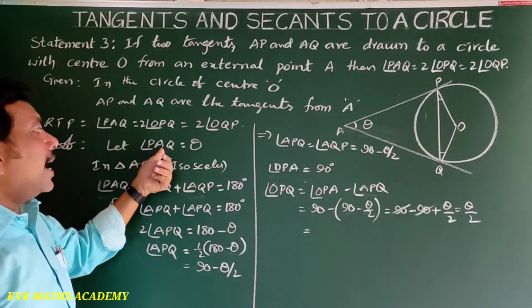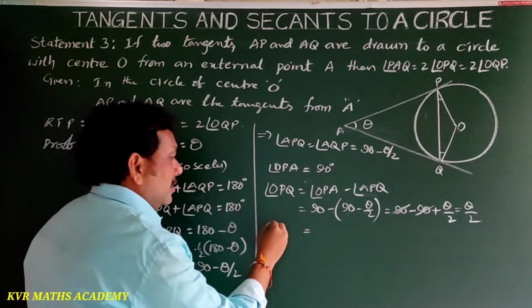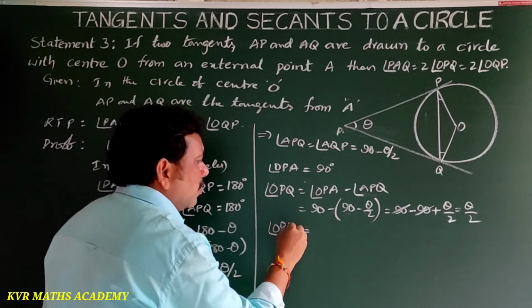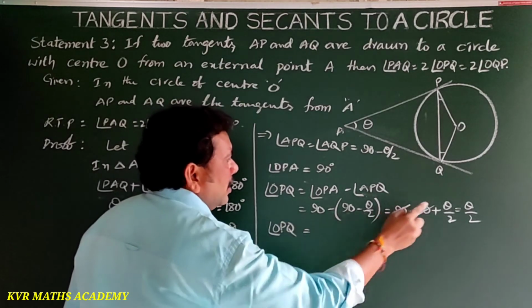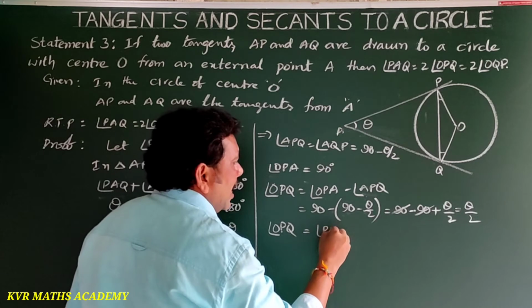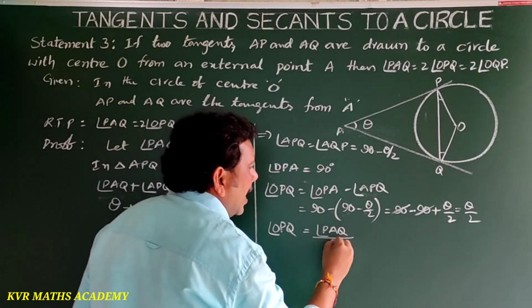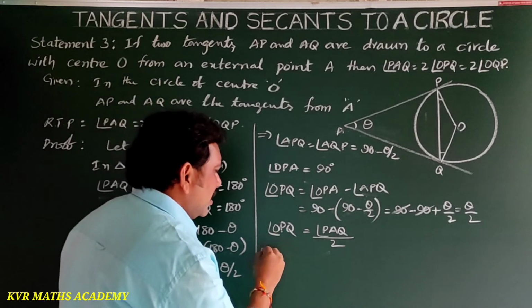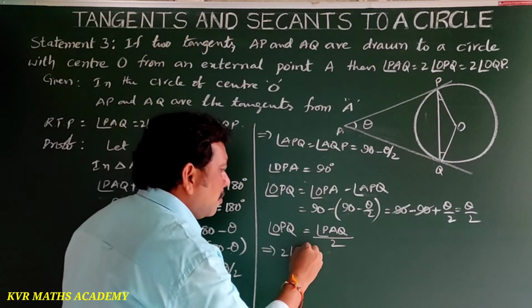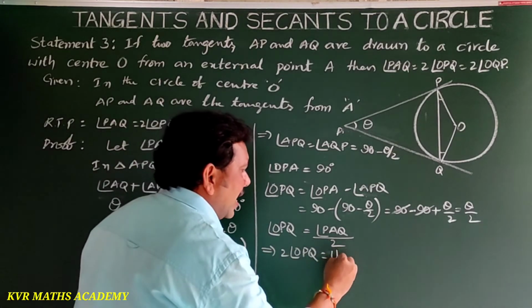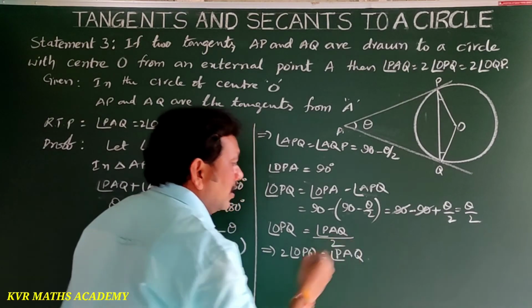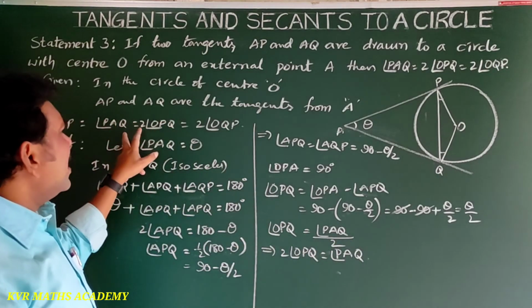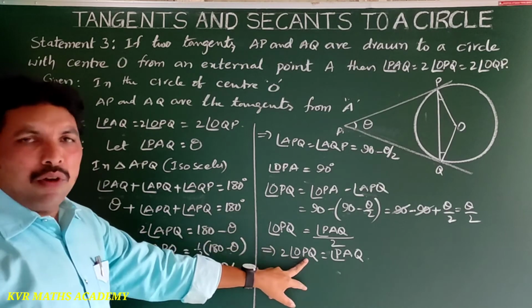Theta means angle PAQ. Which means angle OPQ is equal to angle PAQ by 2, isn't it? The 2 transferred to this side. So that implies 2 angle OPQ is equal to angle PAQ. Look here, angle PAQ is equal to 2 angle OPQ or not?